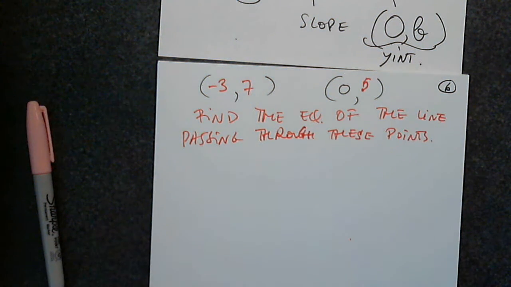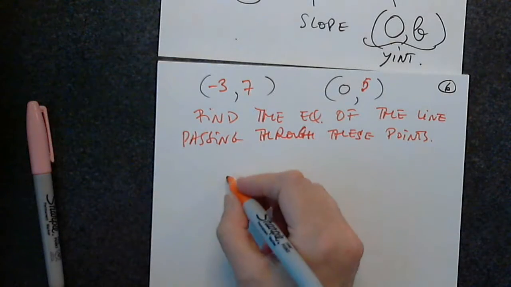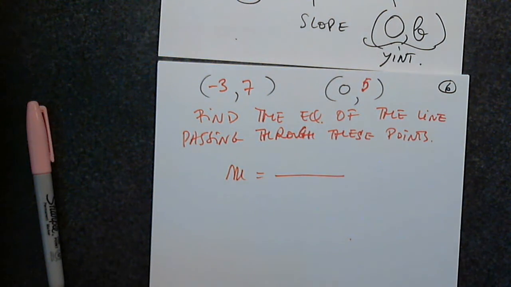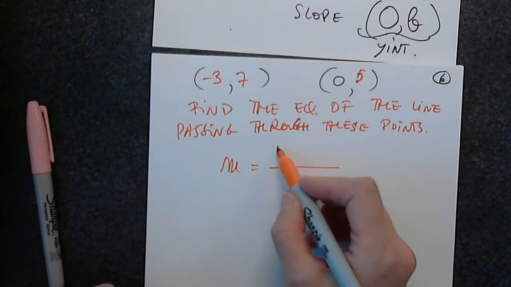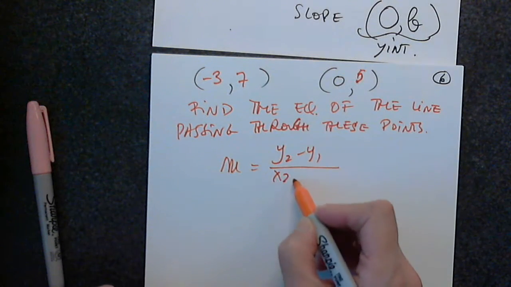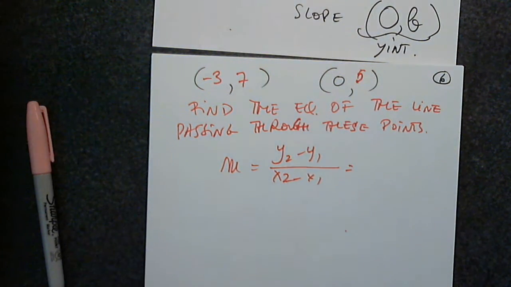What do I have to find first? And then we'll talk about parallel and perpendicular lines. Excellent. Thank you, Maureen. I have to find the slope first. We should always write y2 minus y1 over x2 minus x1. The more we write it, the less we forget.